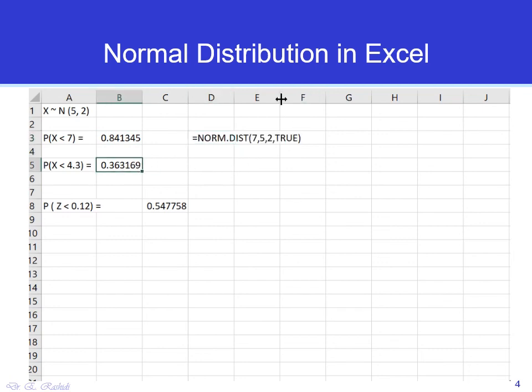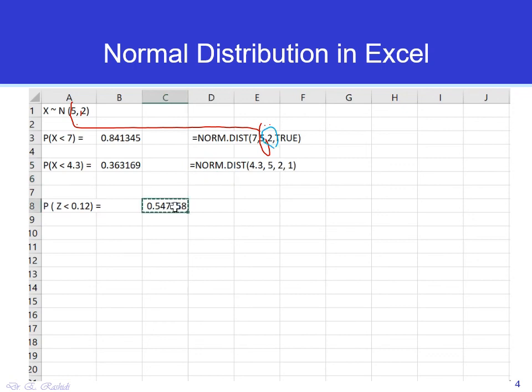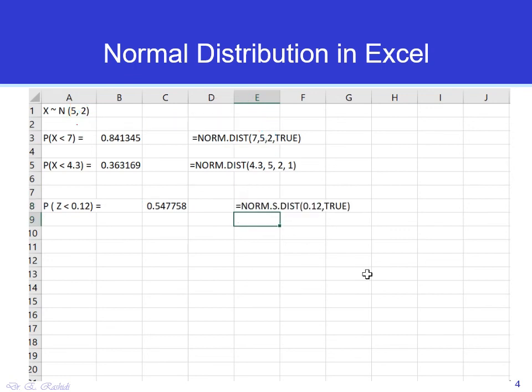And for this one, the same, I'm going to copy it here. So now you have it here. And this is for the z distribution. I'm going to copy it here. So this is how it works in Excel. For the general normal distribution, the function is norm.dist. For the z distribution, it is norm.s.dist.